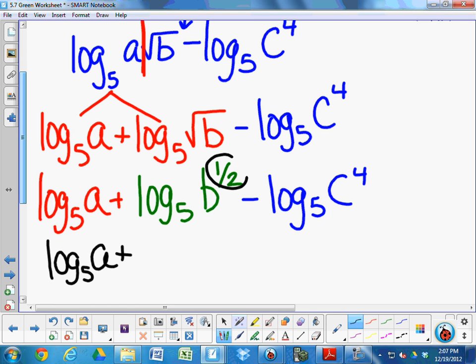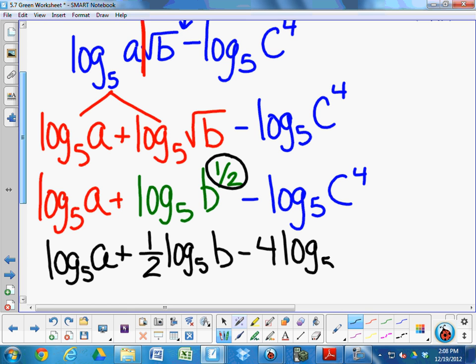This exponent will come out front according to the power rule. And this 4 will come out front because of the power rule as well. That's as far as you can go to simplify that.